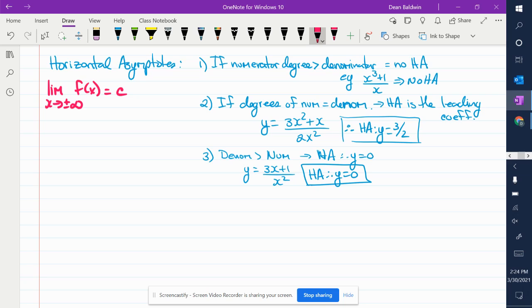And if you don't know what to do and you forget all the rules, all you have to do is plug in a massive number into your function. Like 1,000,000 if you want. If you put 1,000,000 into this function, 3 times 1,000,000 is 3,000,000 plus 1 is 3,000,001. What's 1,000,000 squared?